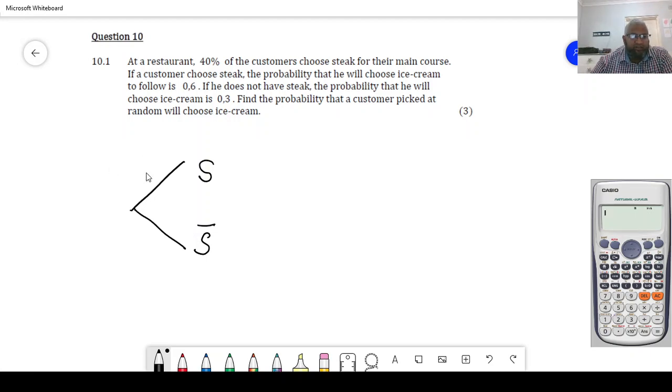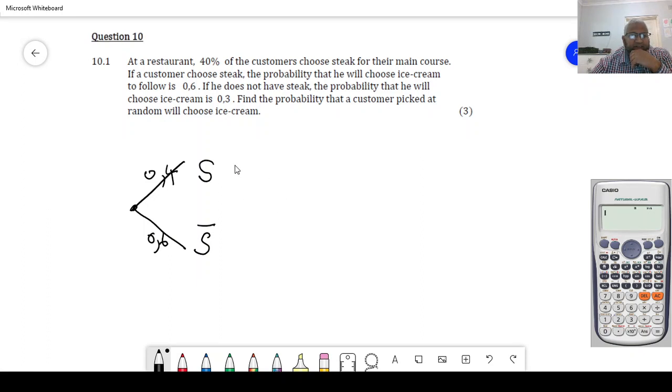If it's 40%, so 0,4 choose steak, then 0,6 would choose something other than steak. Remember that those two will always add up to 1. 40% and 60% add up to 100%. I could have written that as a fraction, but I'll leave it as it is, it's easier to work with.